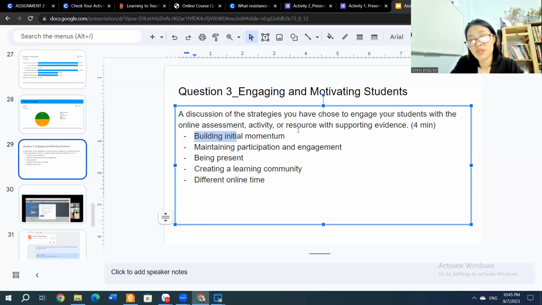No way, they're too busy. So I try to break the assessment task or assignment into smaller chunks. Make sure they finish the small things, and then it gets bigger and bigger, and they improve gradually.